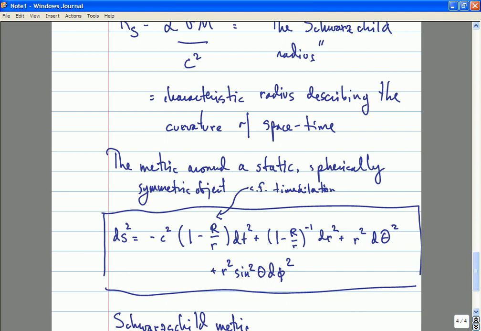Let me stop here and just see if there are any questions. So one thing I should comment is that you're used to writing down the interval in terms of t, x, y, and z. And here I've written it down in terms of coordinates r, theta, and phi. These are the spherical coordinates.